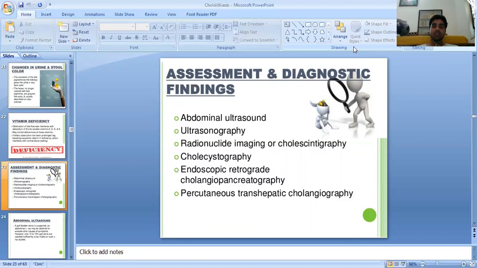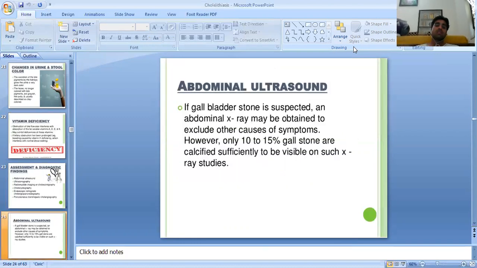Next, percutaneous transhepatic cholangiography, which is called PTC. Abdominal X-ray: if gallbladder stone is suspected, an abdominal X-ray may be obtained to exclude other causes of symptoms. However, only 10 to 15 percent of gallstones are calcified sufficiently to be visible on such X-ray studies.